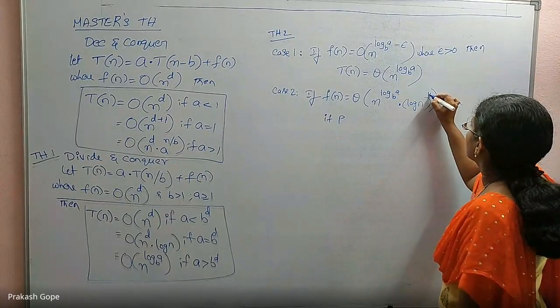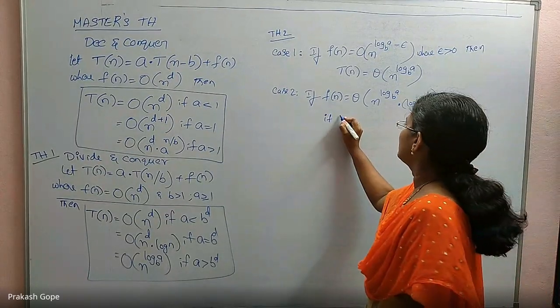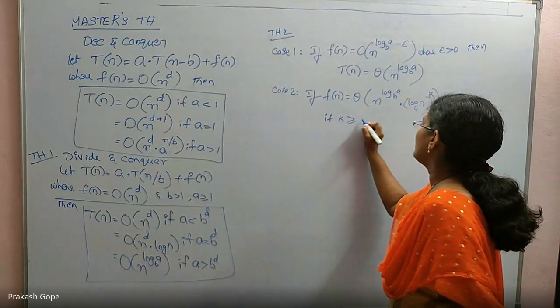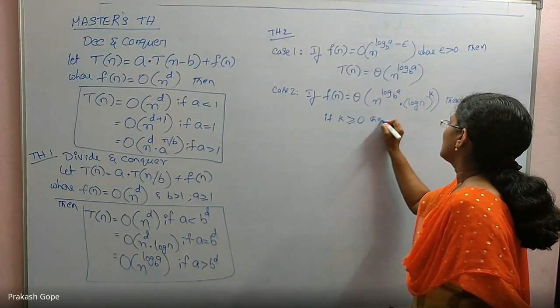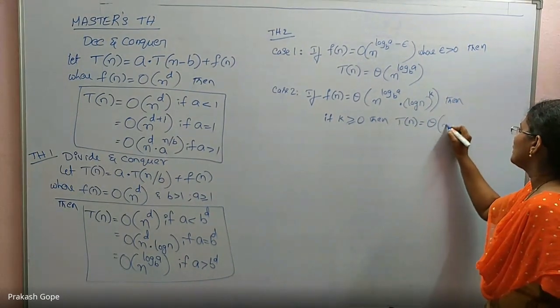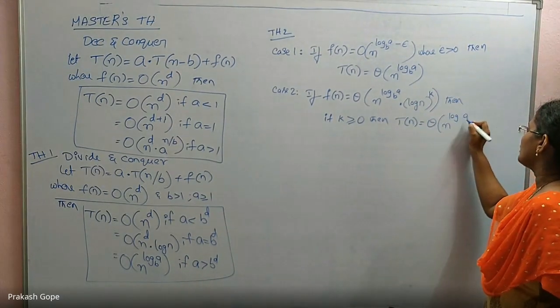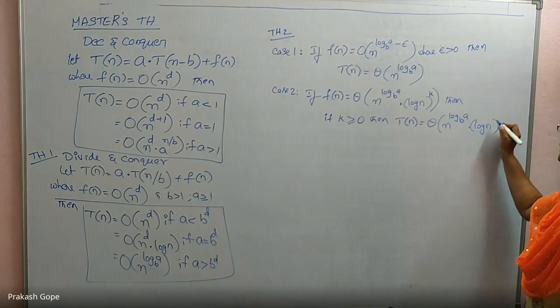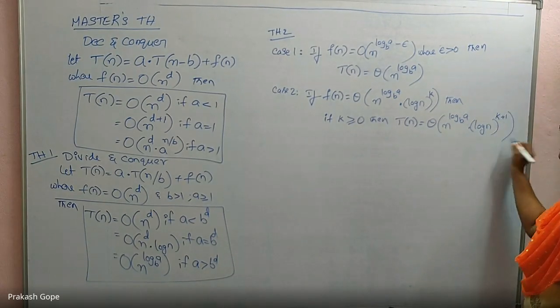If k is greater than or equal to 0, then the final answer is theta of n power log a to the base b into log n whole power k plus 1.